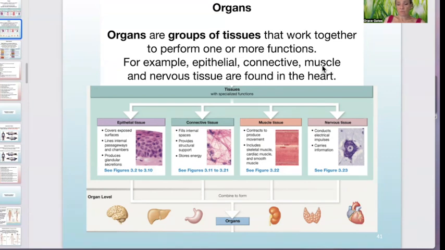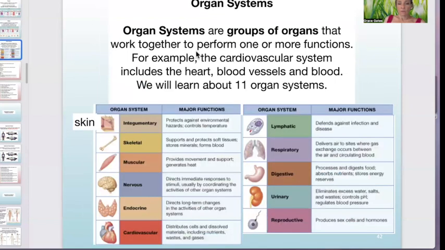We may mostly think of the heart as a muscle, but it also needs to have its own blood supply with a type of epithelial tissue lining the blood vessels that feed it. There is a connective tissue framework for the heart, and then there is nervous tissue that is controlling how the heart beats. Right?